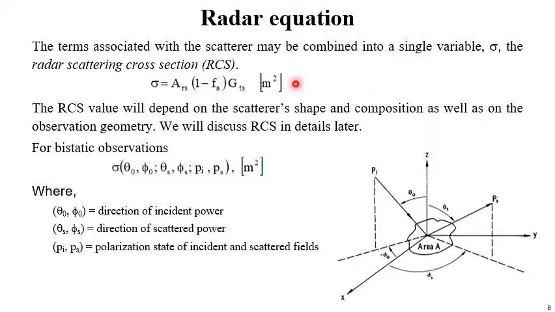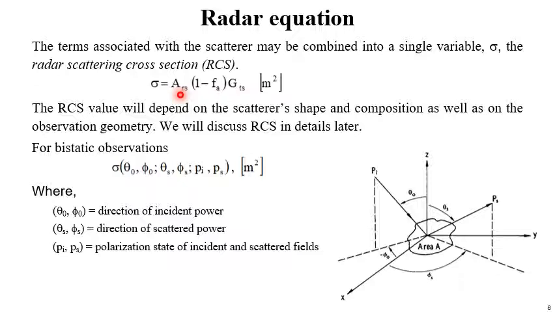Now the terms in the third bracket actually contain the properties of the scatterer. That means ARS, FA, GTS are the properties of the scatterer.